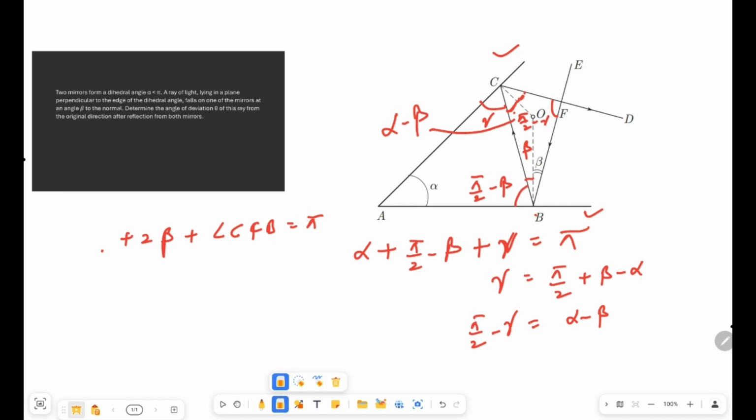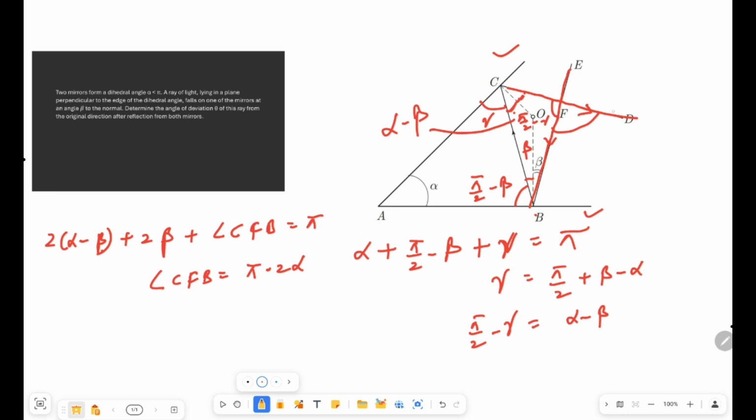That means you should write twice of alpha minus beta, plus 2 beta, is equal to angle CFB. And you can find from here that angle CFB is simply pi minus 2 alpha. So you can find the angle between the finally reflected ray and the incident ray.